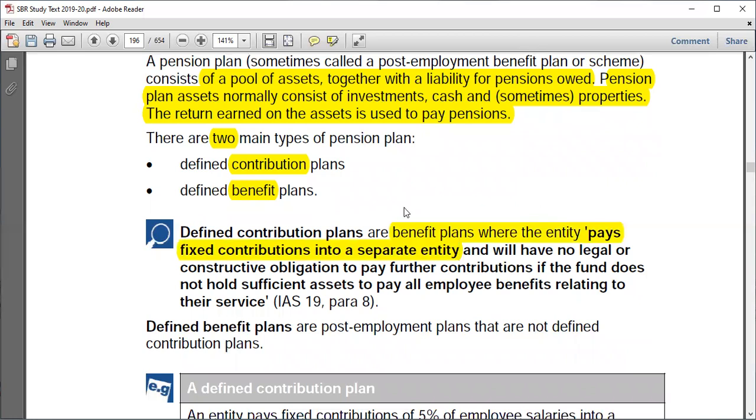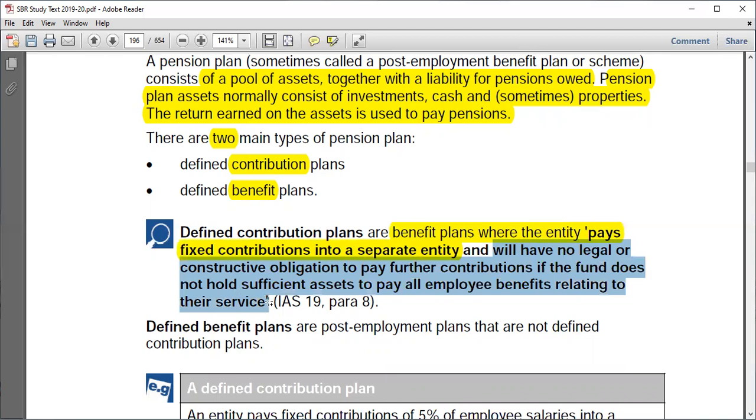That's why we say an entity pays a fixed contribution into a separate entity, and will have no legal or constructive obligation to pay further contributions if the fund does not hold sufficient assets to pay all employee benefits relating to their service.